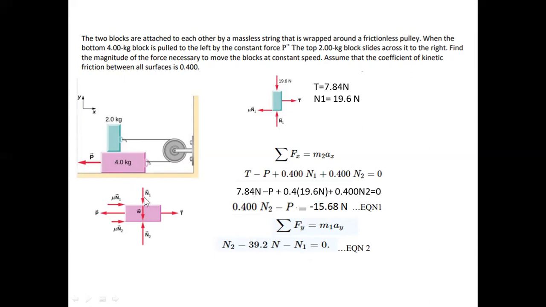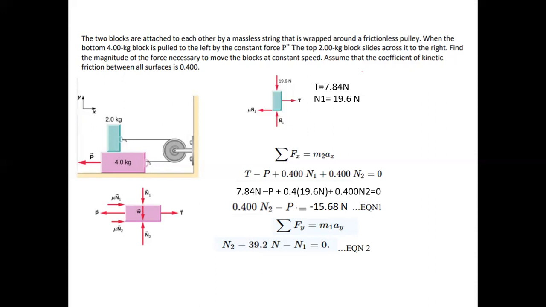Since N1 is pointing downwards, we have N2 upwards minus the weight of the block, 4 kilograms times 9.8 meters per second squared, which gives us 39.2 newtons, minus N1, since N1 points downwards, equated to 0. Now, this is our second equation.